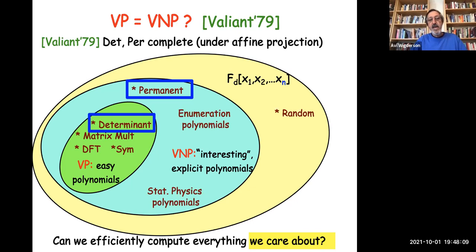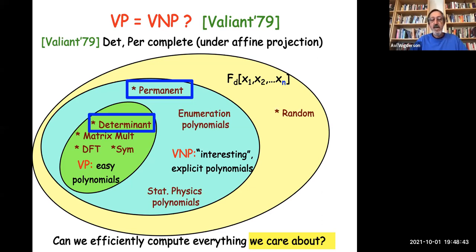When you say complete, you need a notion of reduction between polynomials, and it's extremely elegant in Valiant's theory of arithmetic complexity. You want to say that one polynomial is easier than another, F is at most G. The question is whether you can project linearly, or affinely project, F to G. Just whether it embeds there under a linear transformation.